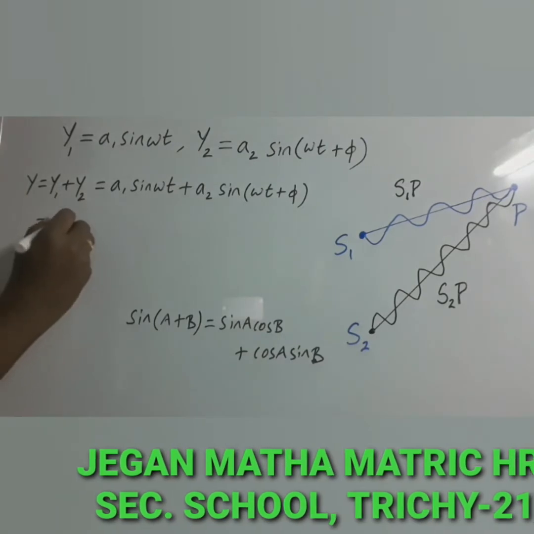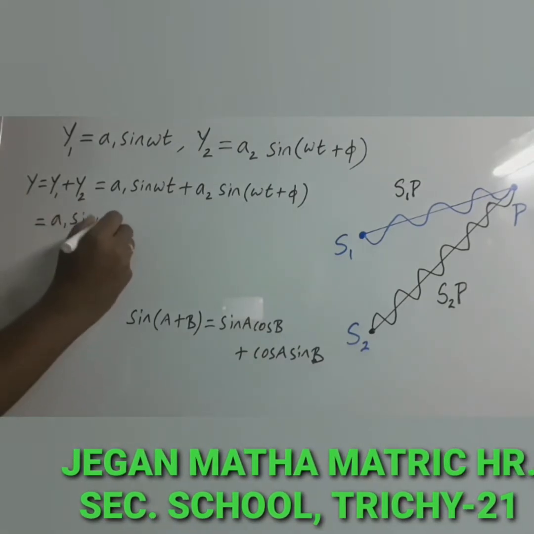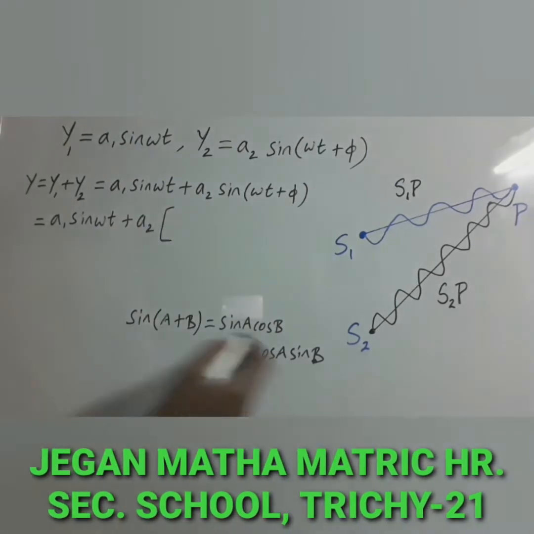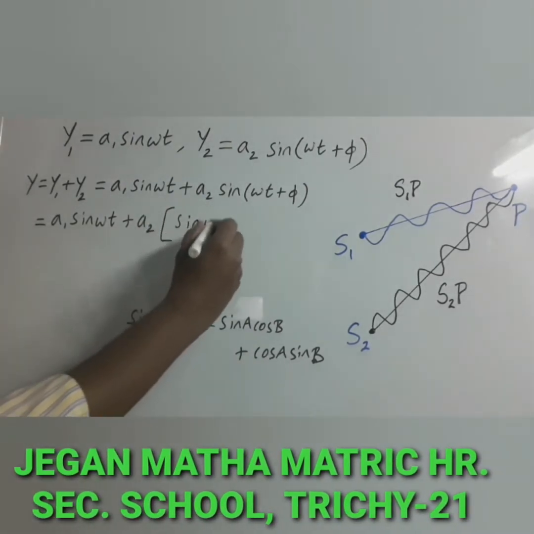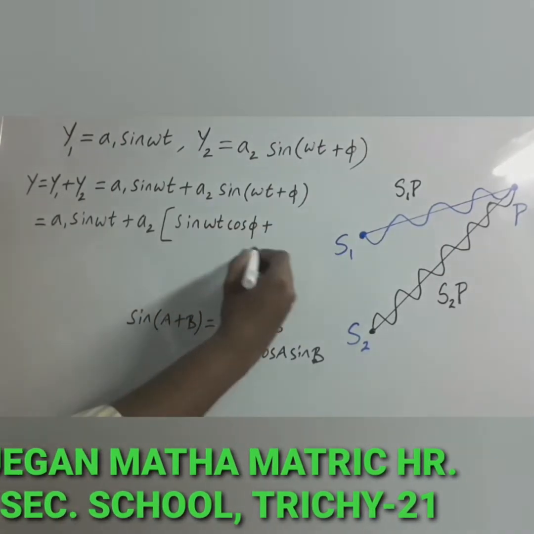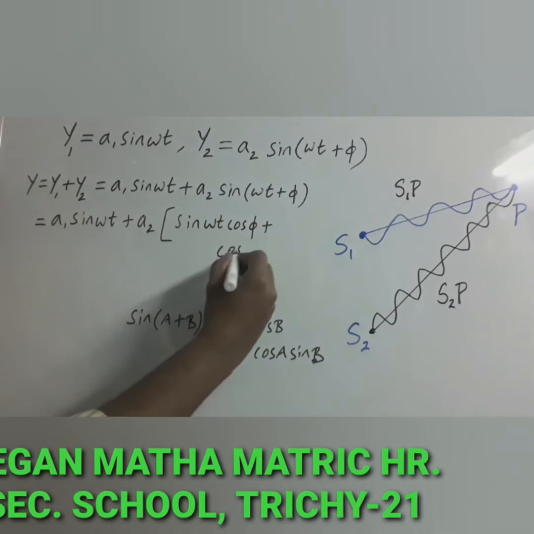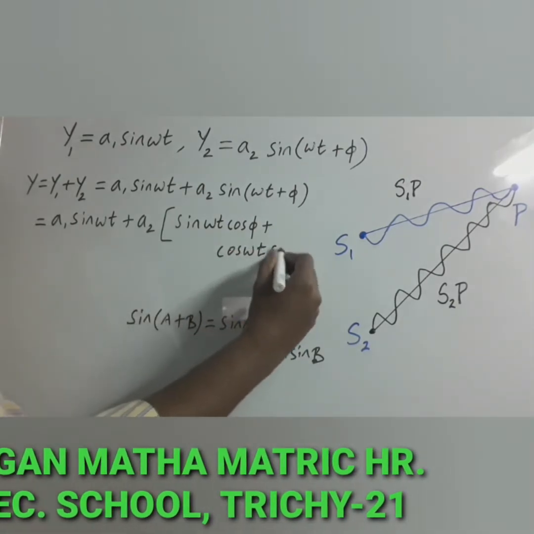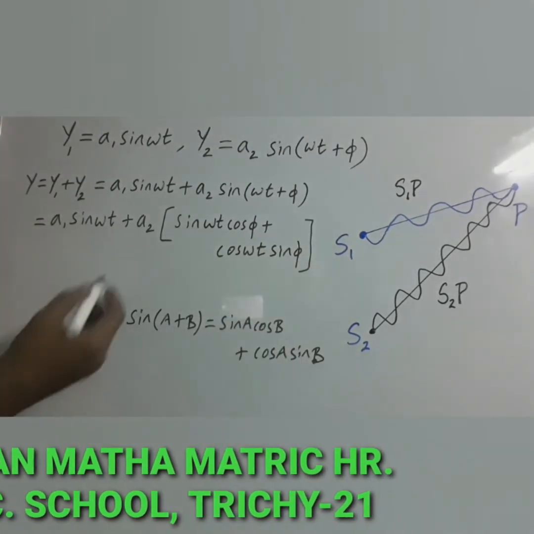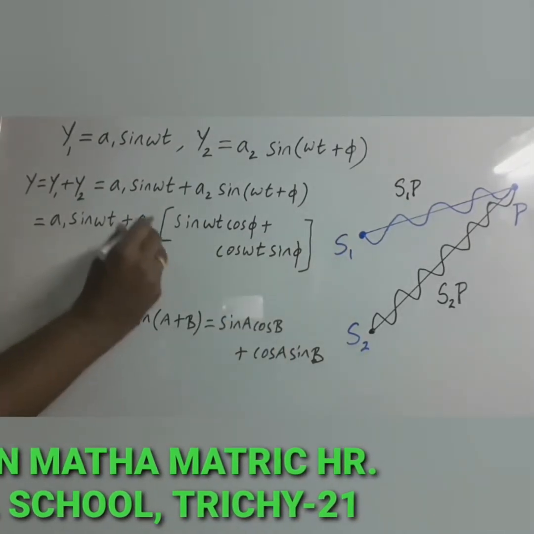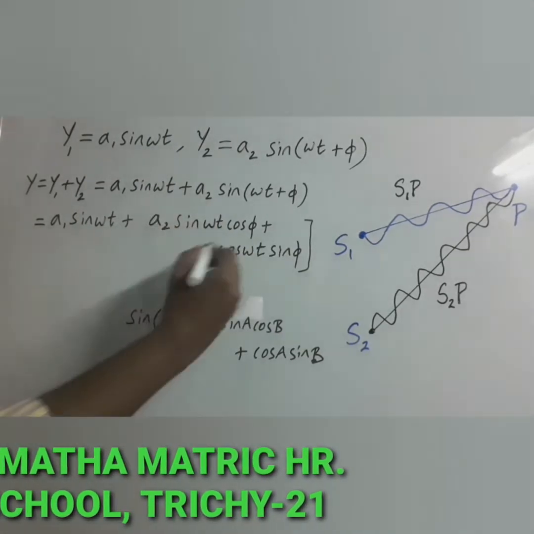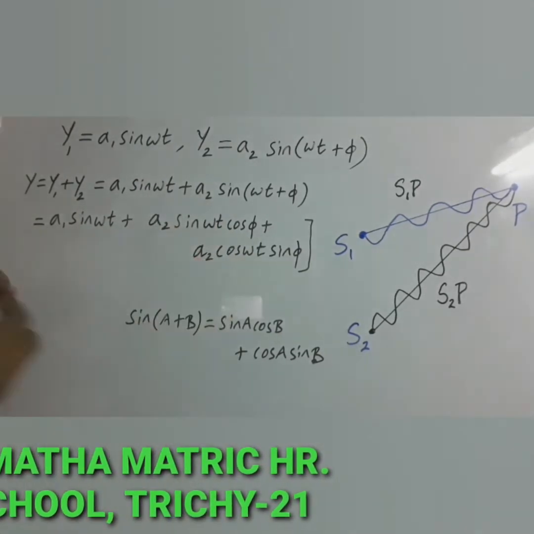So we can write y as a1 sin omega t plus a2, which can be expanded like this: sin omega t cos phi plus cos omega t sin phi. Here a2 is a common factor that can be taken into the bracket, as this expression is multiplied with a2.